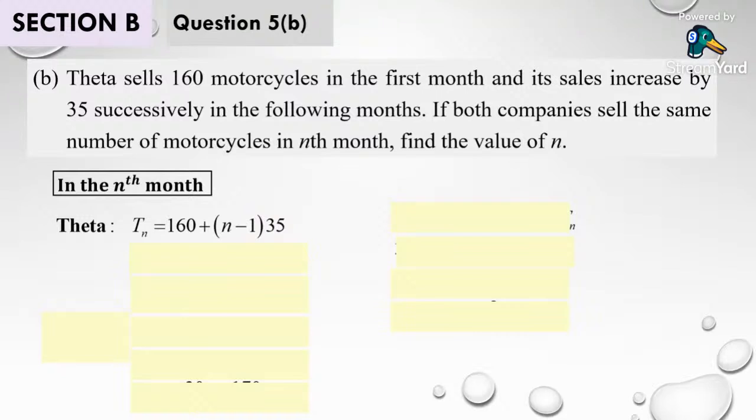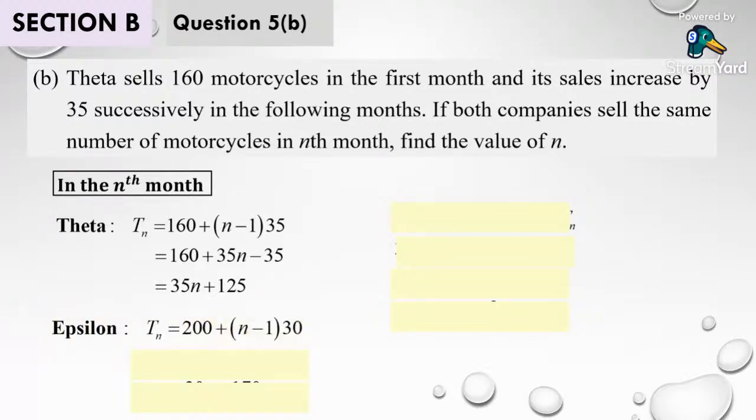These calculations we already saw in the previous slide. We just apply it directly. Expand and simplify, 35n plus 125 is the Tn for theta. Whereas for epsilon, again, this Tn formula is obtained from the previous slide after we observe the patterns. Simplify it, I got 30n plus 170.